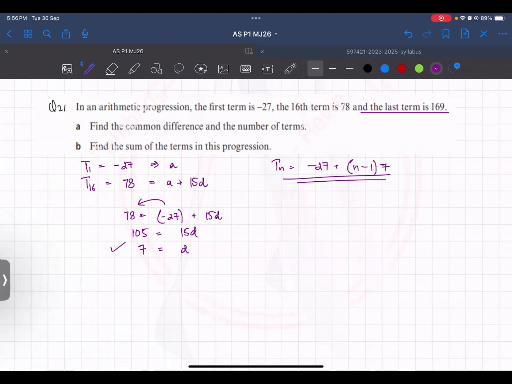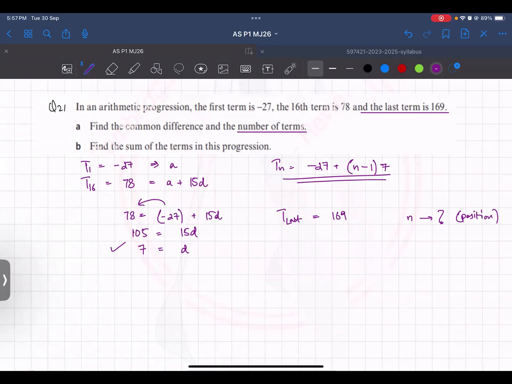So we can call it, let's suppose, the last term, TL. The last term is 169. But we don't know how many terms there are. The number of terms is the value of n, right? The position. We don't know what the position of the last term is. They have given us that the value of the last term is 169.